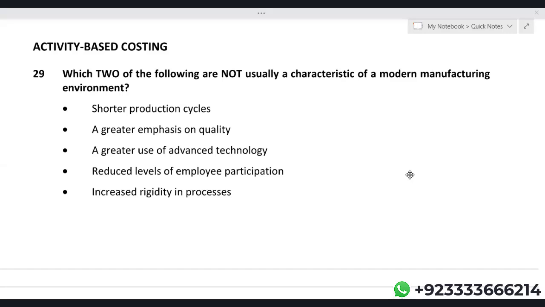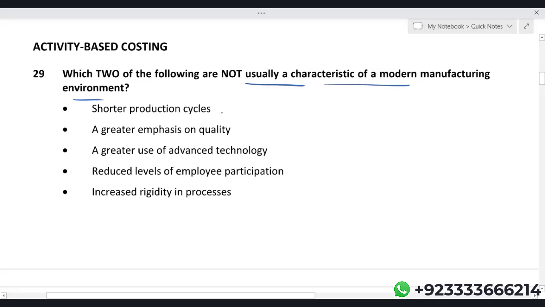Which two of the following are not usually characteristics of a modern manufacturing environment? Shorter production cycle. It is a characteristic of a modern manufacturing environment.